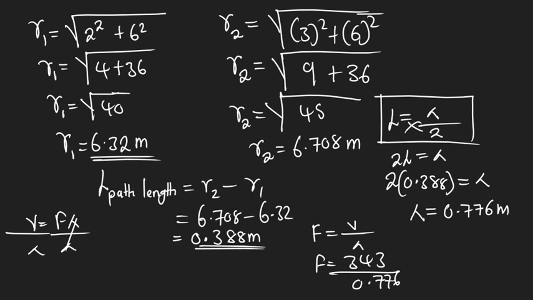So 2 multiplied by 0.388, it's like 0.776. Then this is going to be 343 divided by the answer.